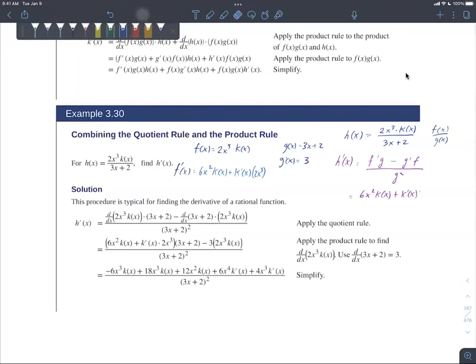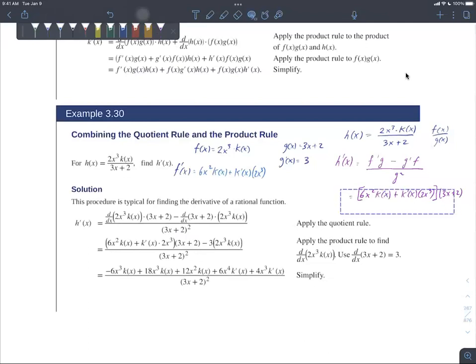And this f prime should be multiplied by g. g is 3x plus 2.